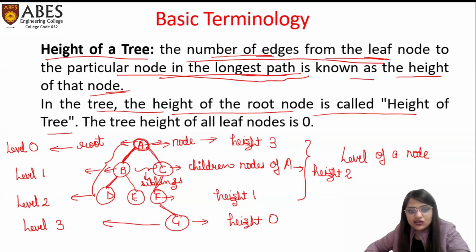The maximum value which comes at the root node will represent the overall height of that tree. As A got height 3, it means the traversal from the leaf node to the root node. The number of edges which we have to traverse from the leaf node to the root node, or the parent node of the overall tree, is known as the height of that particular tree.